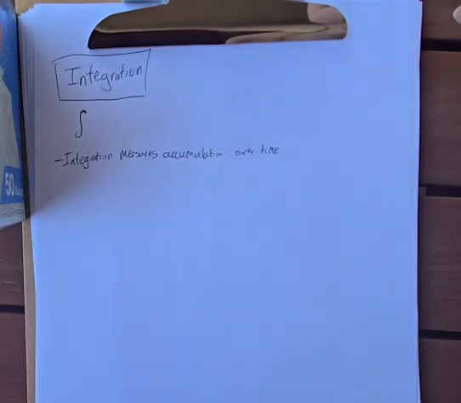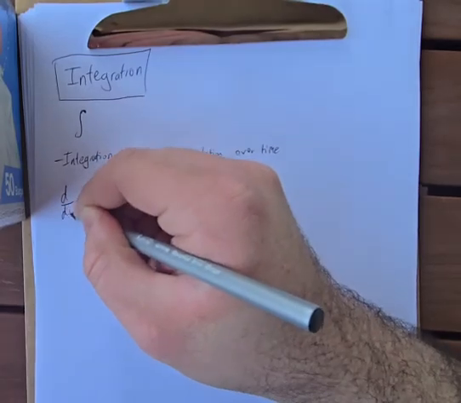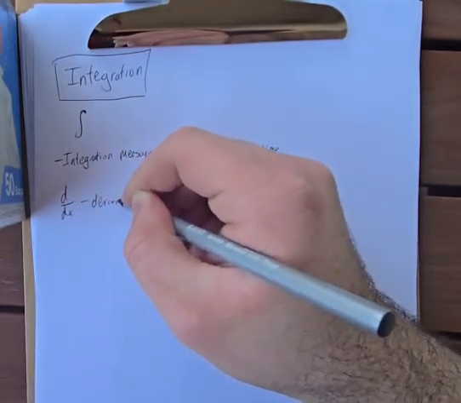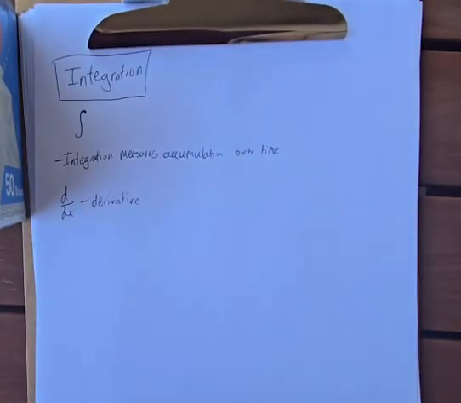This is actually the opposite of another thing we've covered called a derivative in this channel. If you haven't watched that video yet, I strongly suggest you go watch that video on introducing derivatives, because they're very important to understand integrals as well.